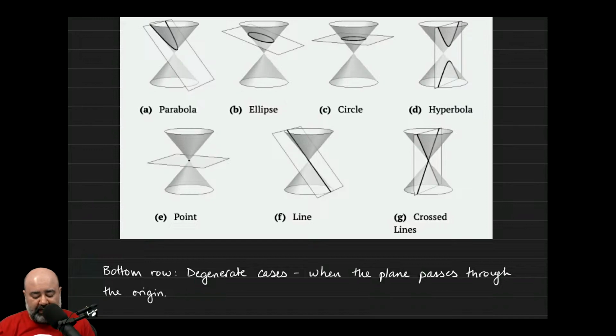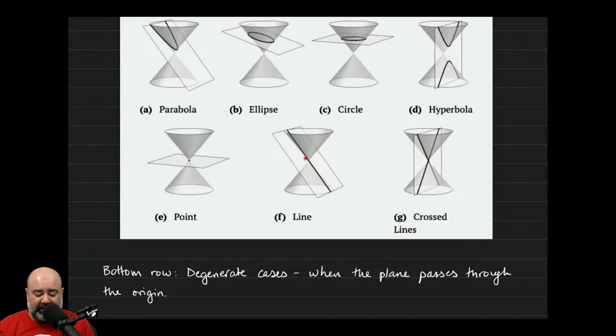Now, the bottom row of shapes that we have here are actually degenerate cases. Those only ever happen when the plane that we're passing through this conical section is passing through the origin. So if we pass our plane right through where the two cones touch each other, we're going to get a point. Now, what happens if we run the plane along the edge of the first cone, and because of symmetry, down the edge of the other cone as well?